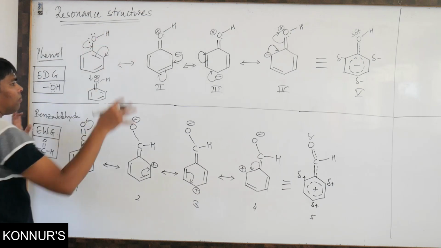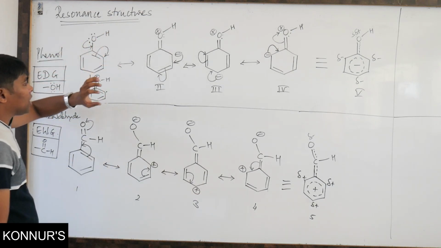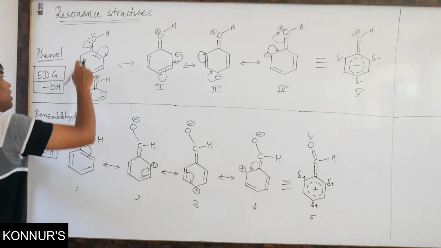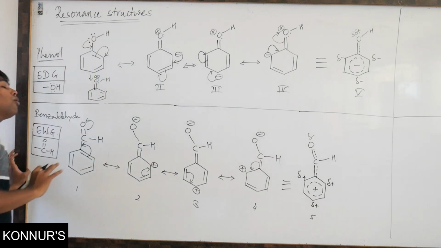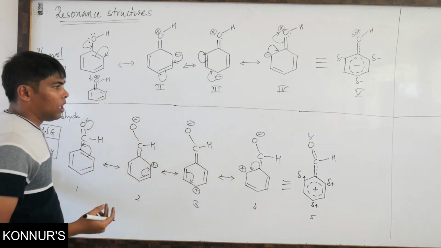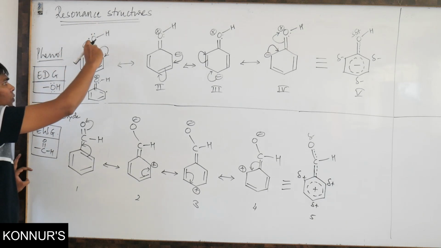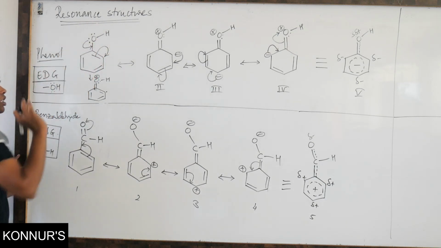The positions next to ortho positions are called meta positions, and the position which is opposite to the substituent is called the para position. Here there is no necessity that the substituent should be in only this position.